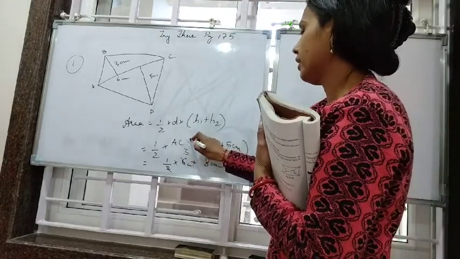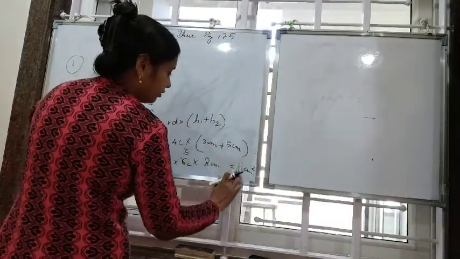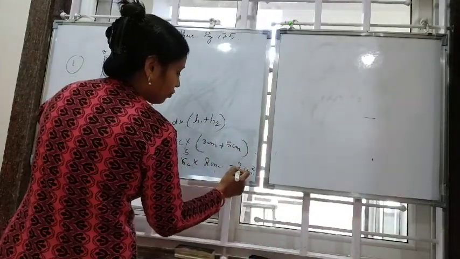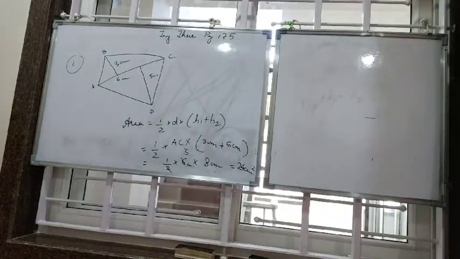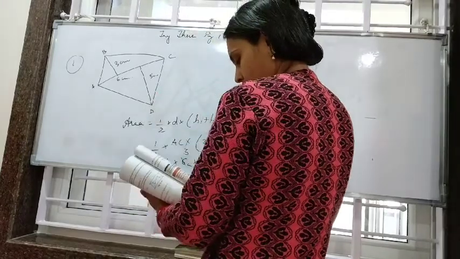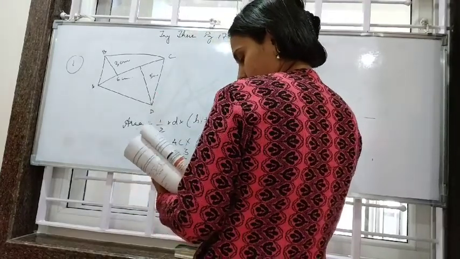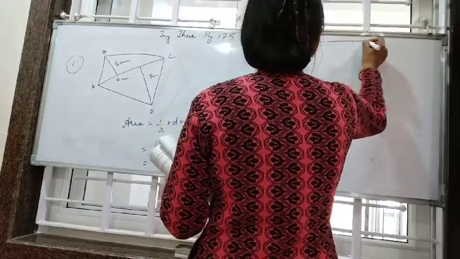When I went there, I noticed 3 8s are 24, and this is 24 centimeter square. Going to the second one. Let me make the diagram. Oh, it's a rhombus.